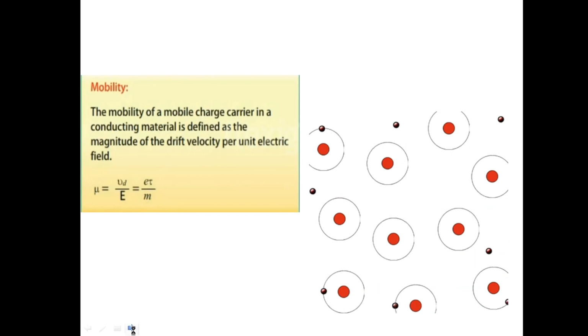Now let us get into the next subtopic, the limitation of Ohm's law, which is 3.6. What are the limitations we have? Before that, where is Ohm's law applicable? Ohm's law is applicable to conductors that have a linear relationship between the voltage and the current.